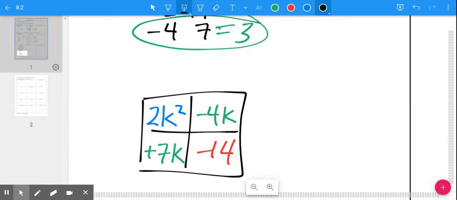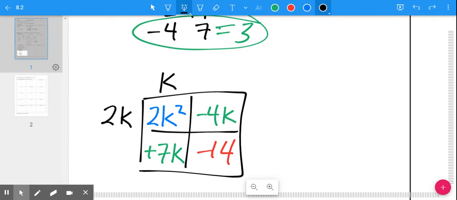Because 2 does not go into 7, that 1k has to go there, and the 2k has to go here. Again, we have to look at the relationship, our columns and our rows, to see where factors can go. So now I'm looking at k to positive 7k.